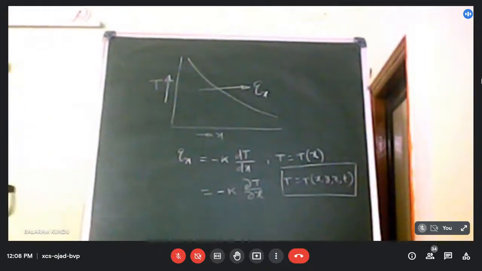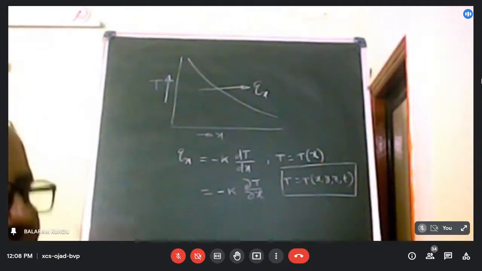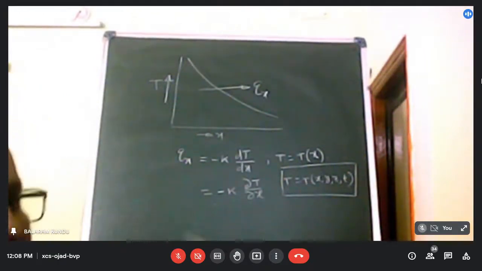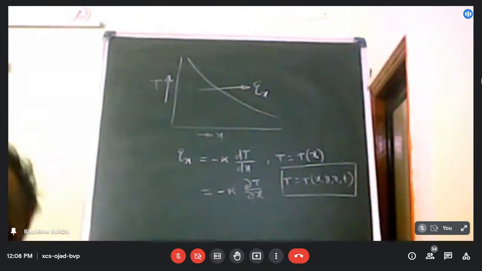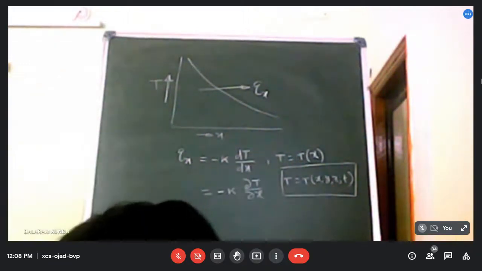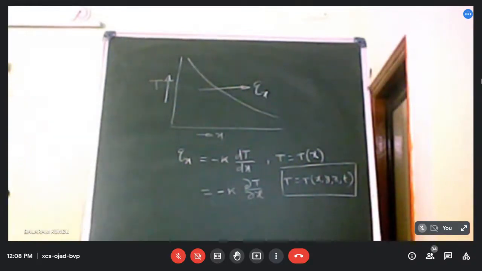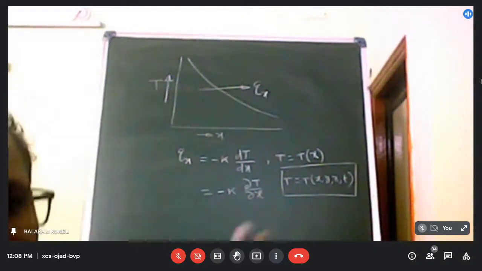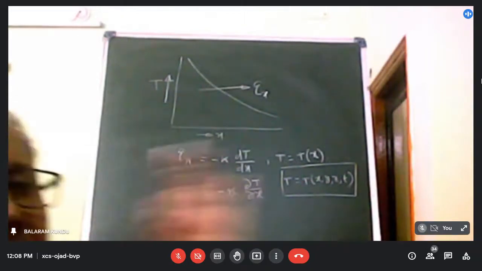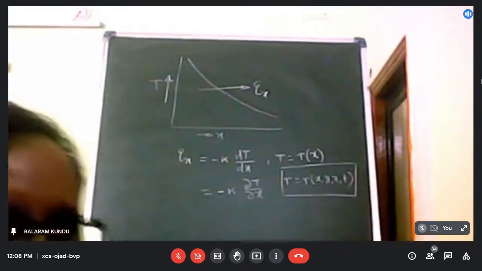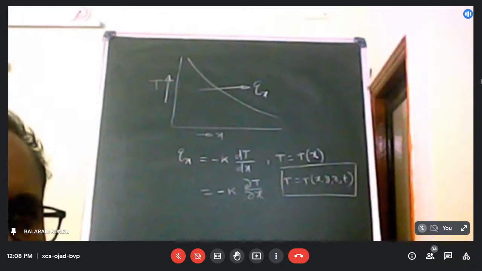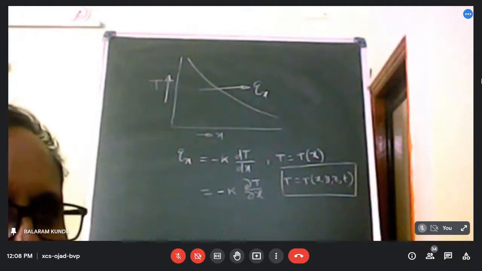One assumption is that the solid is isotropic. The second assumption is that the solid is stationary. Another assumption is also there, the third assumption: the speed of propagation of heat in the solid is very high, going to infinity. In that case, your Fourier's law of heat conduction is valid.